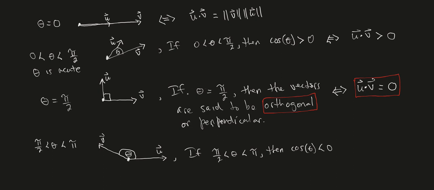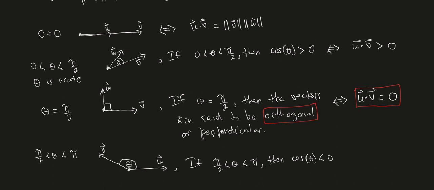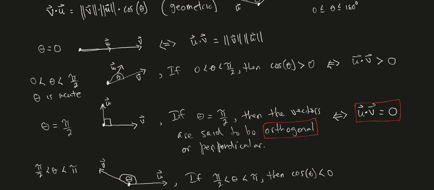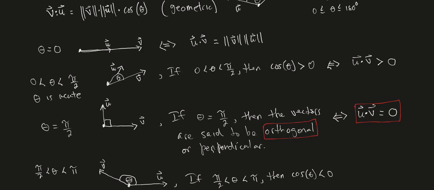And again, going back, looking at our basic geometric relationship between the dot product and the magnitudes and the angle, the magnitudes are always going to be positive, assuming our vectors are non-zero. And if now our cosine ratio is negative, then it means the entire product on that side will be negative. So this is the implication.